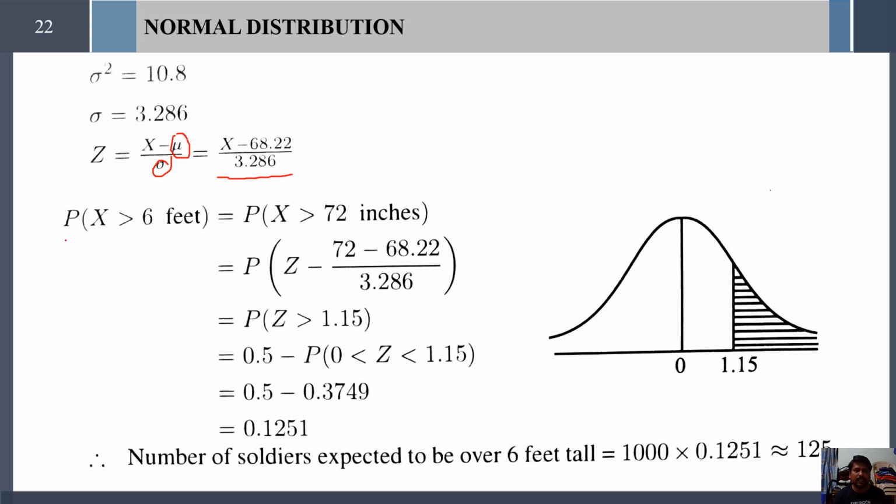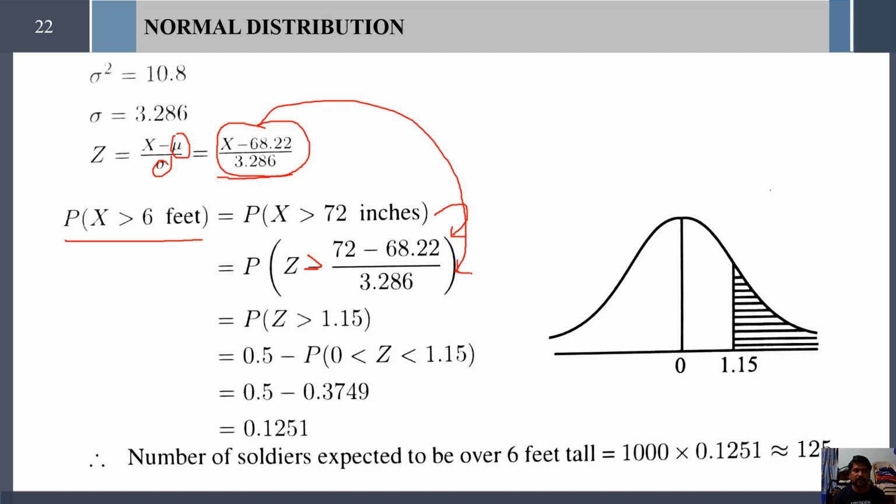Now we have to calculate the probability of x greater than 6 feet tall. This is the question we are asked to find out. So that is nothing but x greater than 72 inches. If you convert this random variable x to z, then z is greater than, this is the greater than symbol, z is greater than 72 minus, you simply substitute this value here.